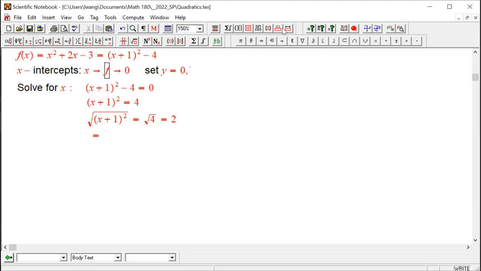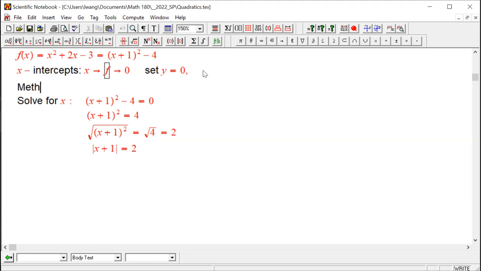The left-hand side is going to be the absolute value of x plus 1 equals 2. And this should remind you of the absolute value equations we did. So this is one of the methods, I would say method 1, to find x-intercepts.